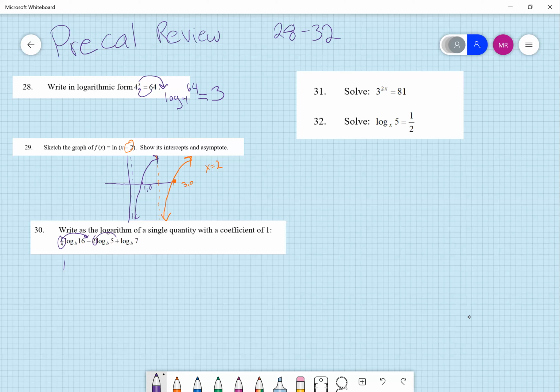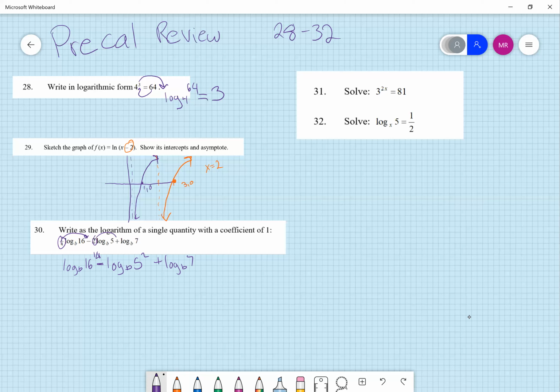We're going to have log base b of 16 to the 1/4, and then minus log base b of 5 squared plus log base b of 7. And we can see that they each have the same base.